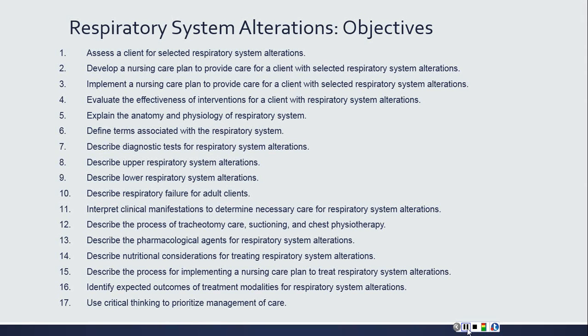Number 14, describe nutritional considerations for treating respiratory system alterations. Number 15, describe the process for implementing a nursing care plan to treat respiratory system alterations. 16, identify expected outcomes of treatment modalities for respiratory system alterations. And number 17, use critical thinking to prioritize management of care.